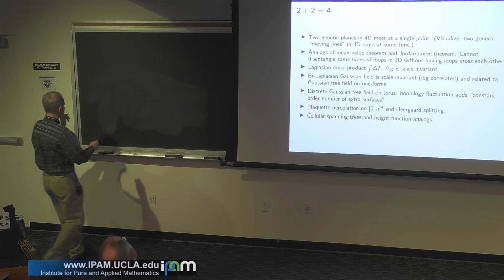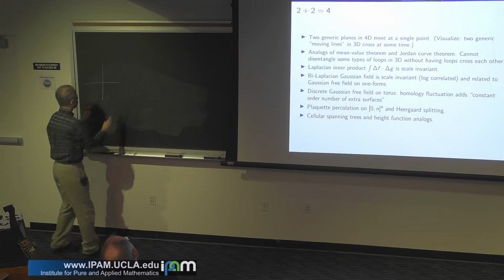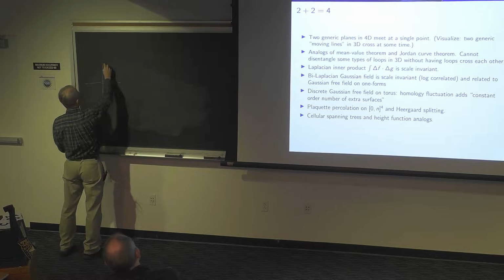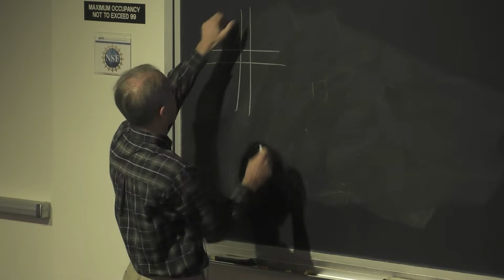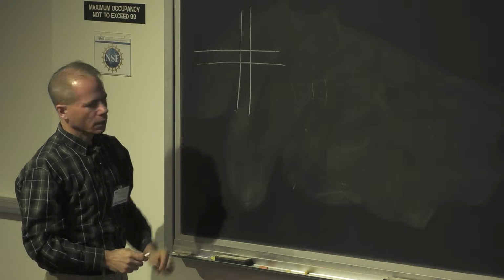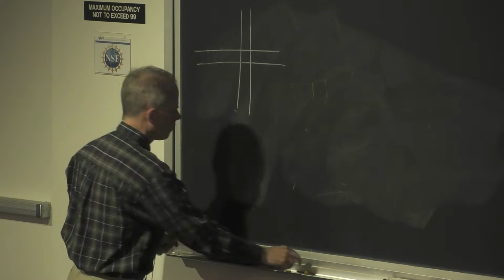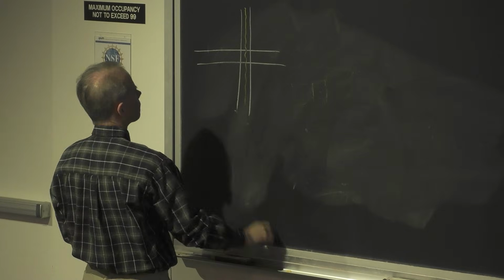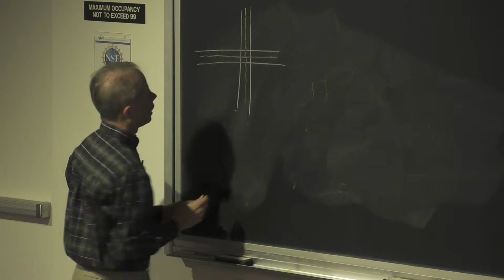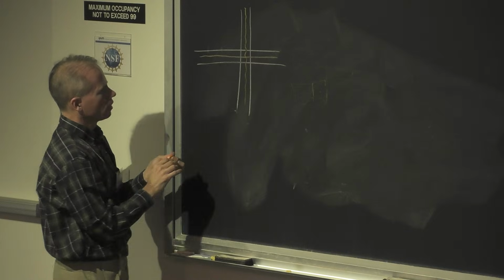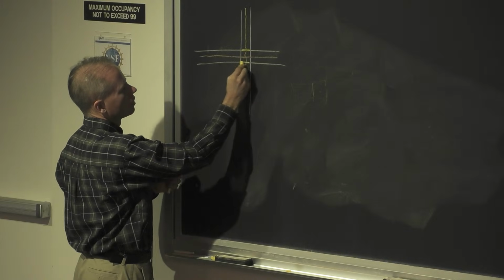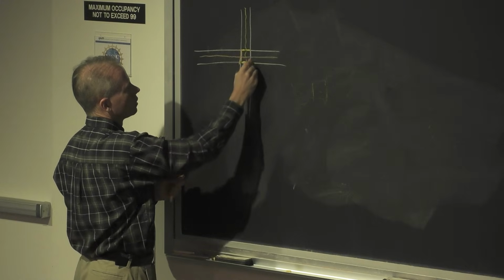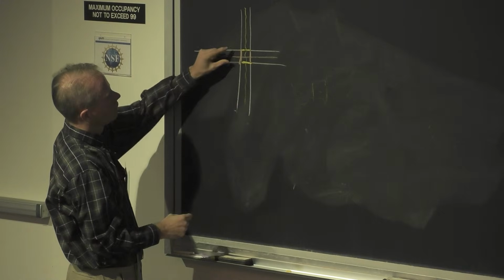So 1 plus 1 equals 2: 2 lines meet at a point, but I can thicken the 2 lines a little bit, and I get these 2 tubes meeting at a square. And I can imagine I draw these 2 lines here. This is just saying that there's a top to bottom crossing in yellow and a left to right crossing in orange.